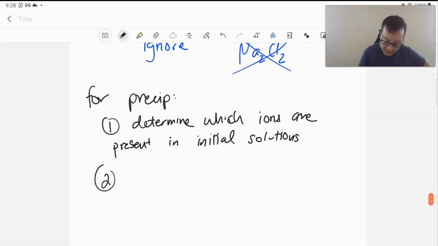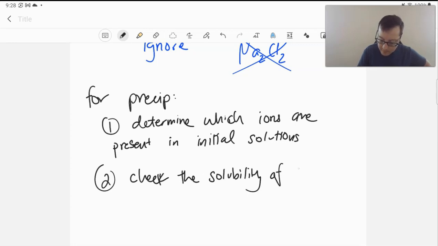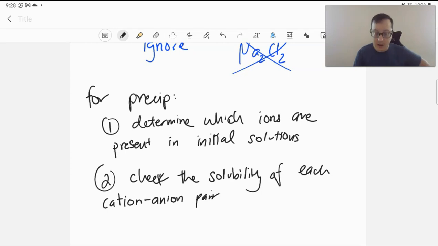Second thing, we want to check the solubility of each ion pair. I'll say even cation, anion pair. So positive, negative. There will be no positive, positive, negative, negative things here. Electrostatics prohibits it.